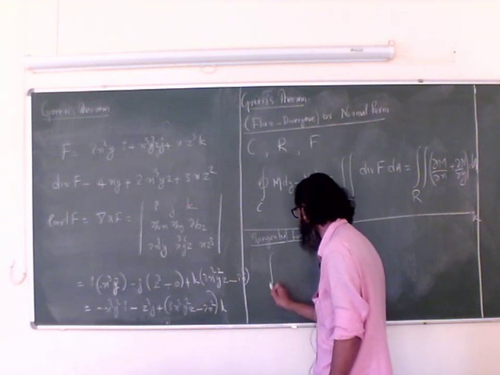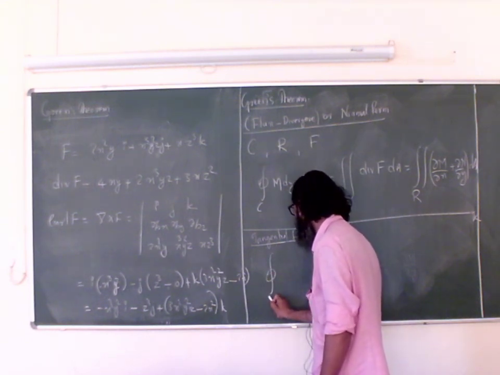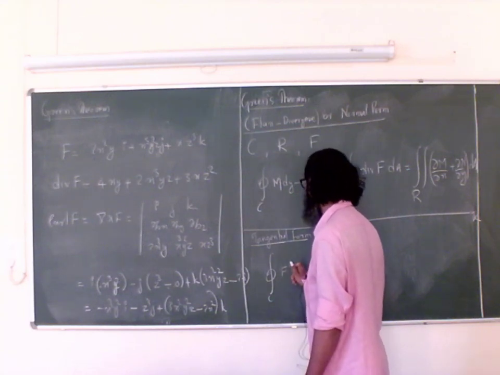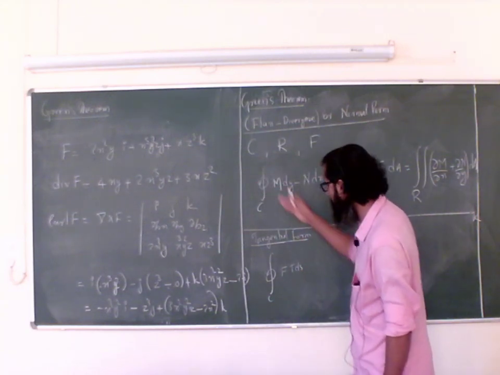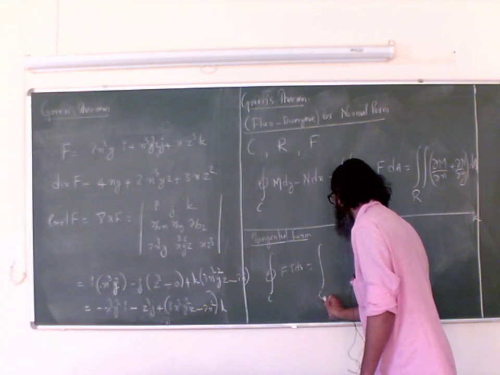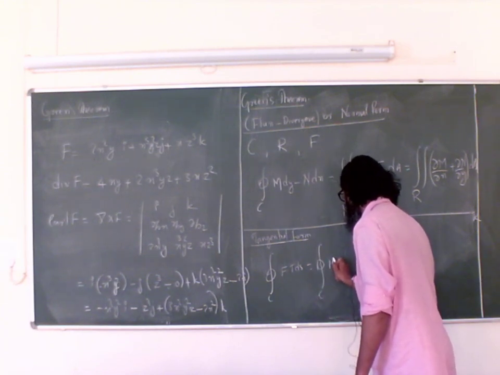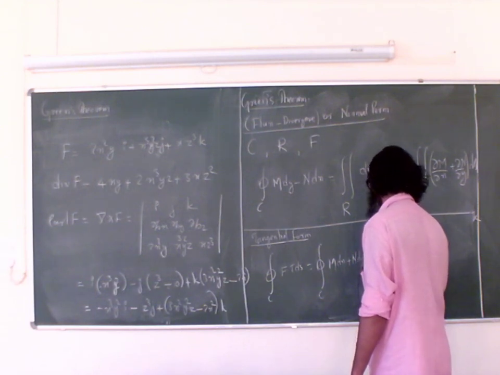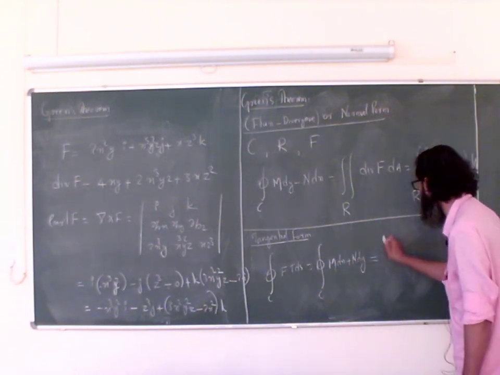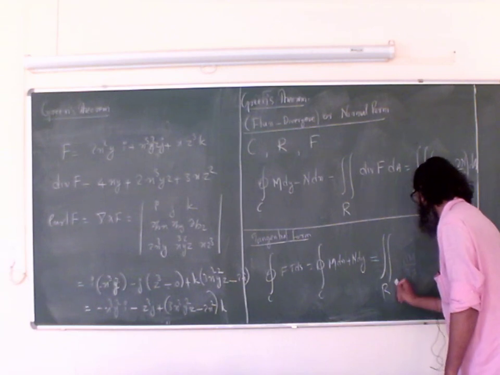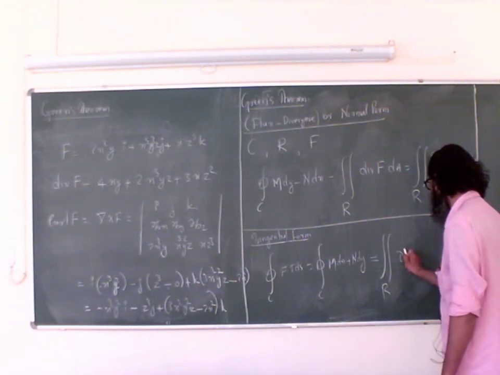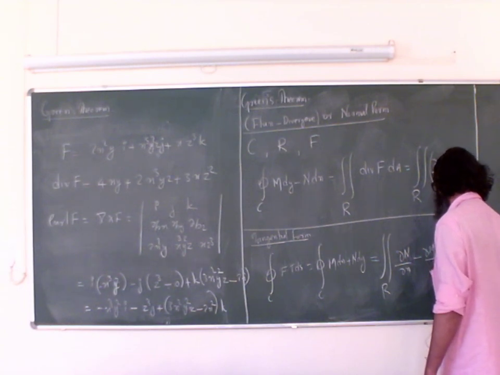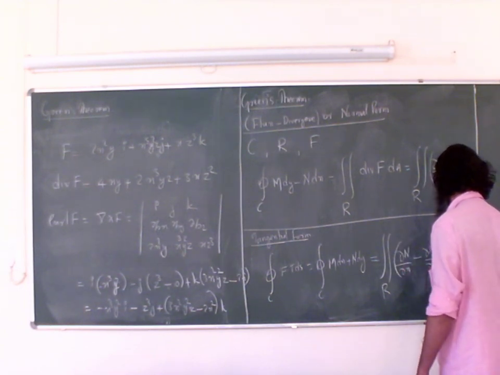Then we know the circulation is the integral over C of F dot T ds. This is equal to the integral over C of m dx plus n dy, and Green's theorem says this is equal to the double integral over R of the k component of the curl, that we know as dou n by dou x minus dou m by dou y dA.